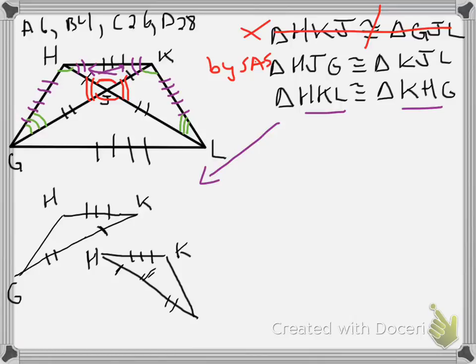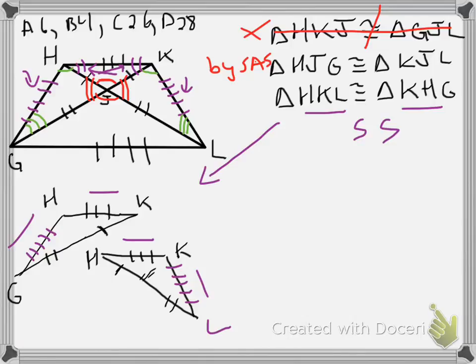For instance, this side is 1, 2, 3, 4, 5 marks right there, and this side here is 1, 2, 3, 4, 5. A couple other things to note. They both share HK, so that's a set of sides. I forgot to write it down here, but it was an L here, KL and HG, so that's a set of sides.